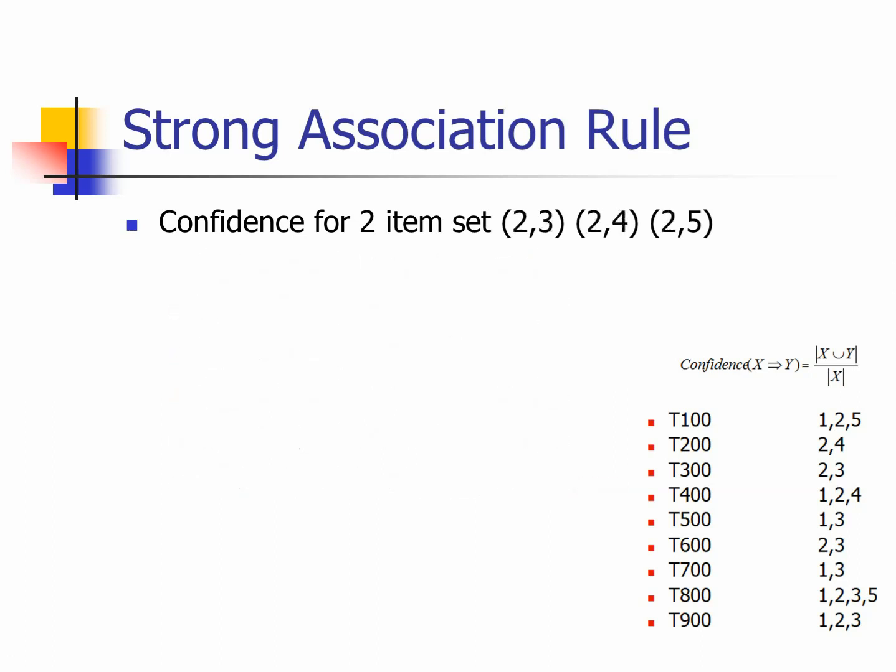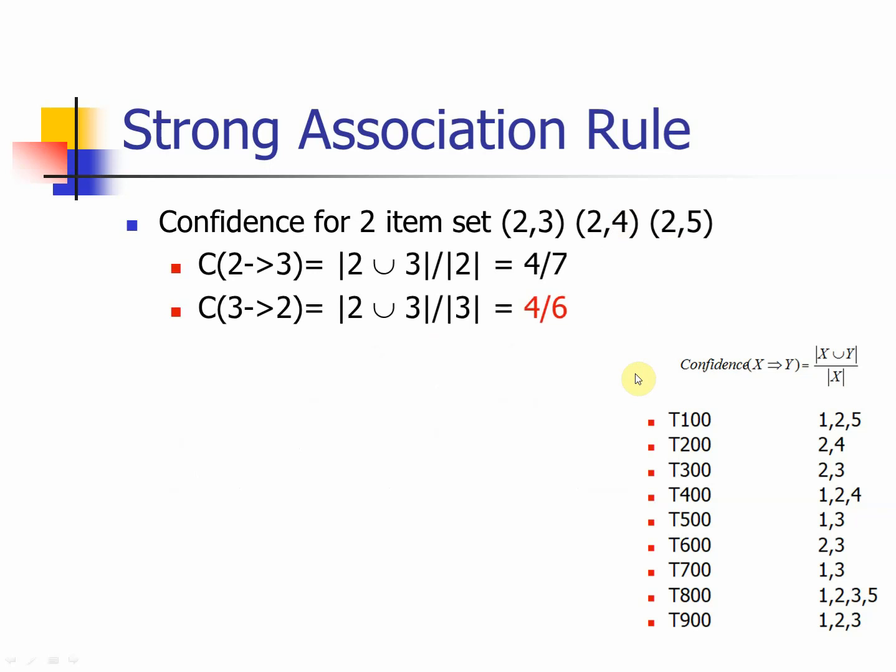On the other side, the other 3 2-item sets are 2, 3, 2, 4, and 2, 5, and we will need to repeat the whole process like what we did before. Using the 2-item set of 2 and 3, using 2 as a precedent, and 3 as another precedent, we will be able to find that 3 to 2 is a strong association rule.